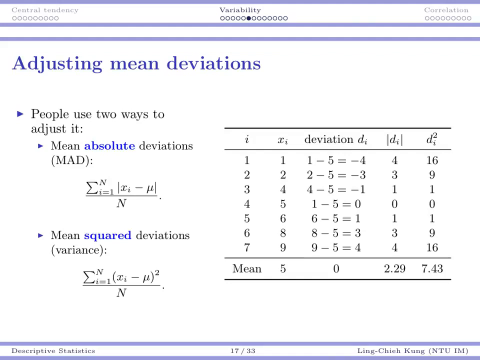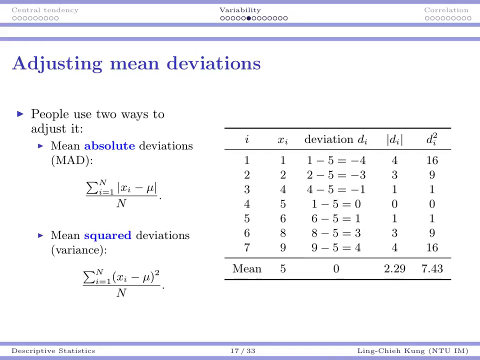If you take absolute values of all the deviations, then sum them up and take the average, that's MAD. Or you can take the square of all the deviations. Then we get the mean squared deviation, or we give it a special name called variance. Okay, the formula becomes: you find the deviation, take the square, and then take the average.